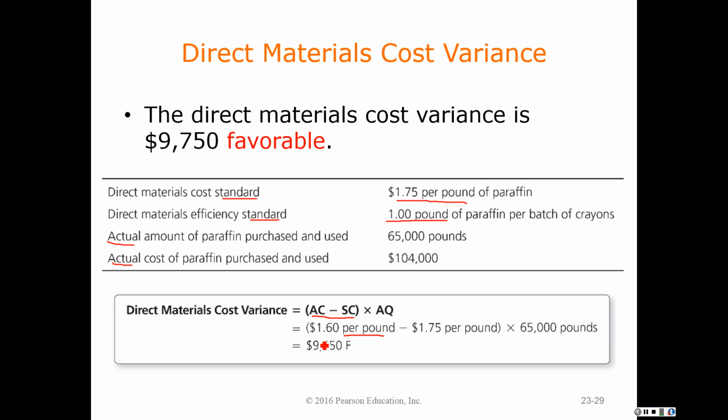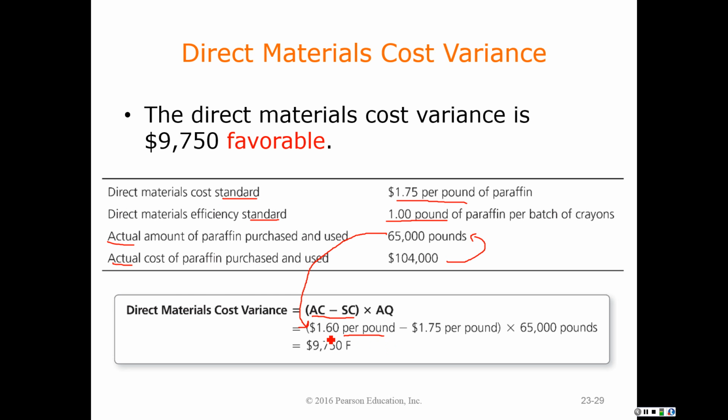How do I get the $1.60? Well, I spent $104,000 on 65,000 pounds. So $104,000 divided by 65,000 pounds tells me that I actually spent $1.60 per pound. So I thought the paraffin should cost $1.75. It only cost $1.60.